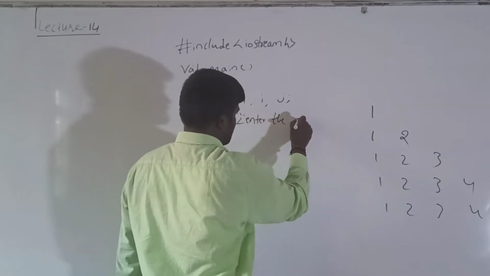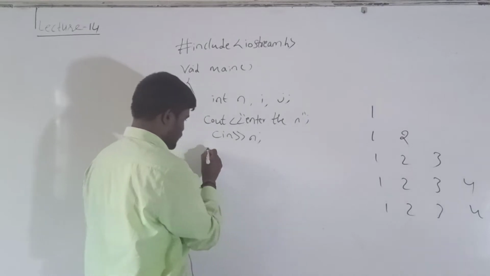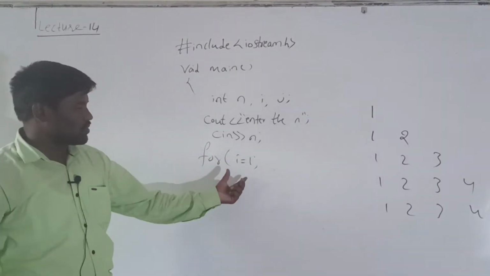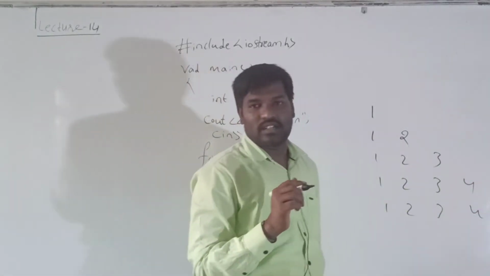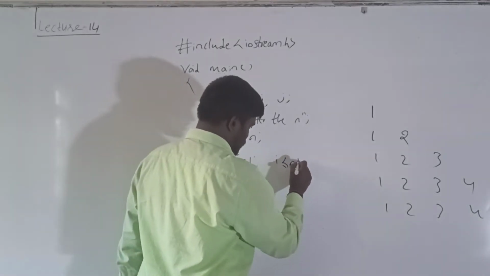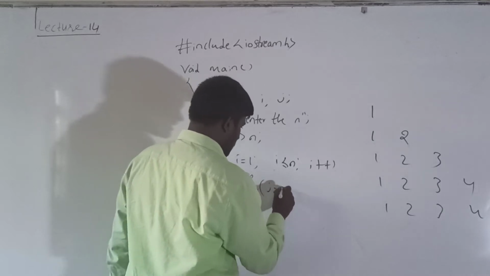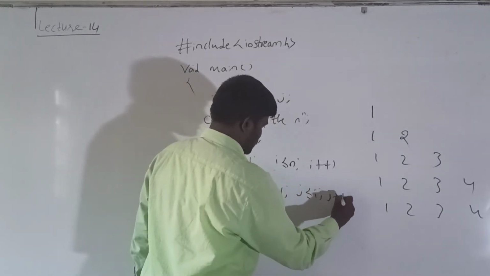Enter the n. cin >> n; for i = 1. Why do I write i = 1? Because the first line consists of 1, so that's why I start with 1. i <= n; i++. For j = 1; j <= i; j++.